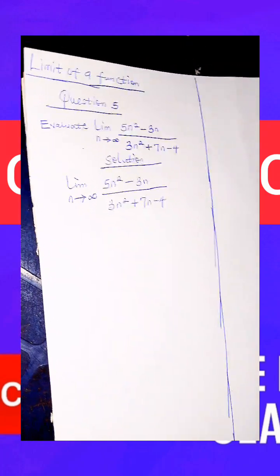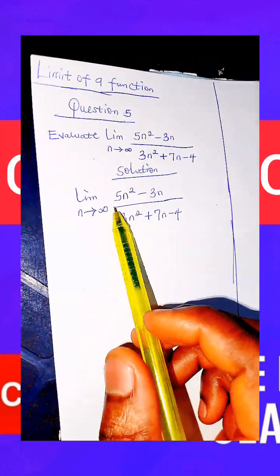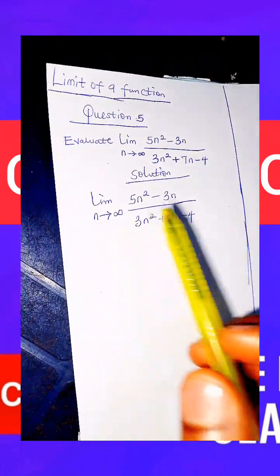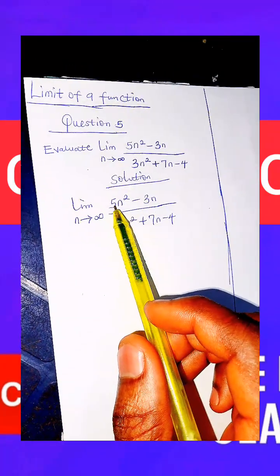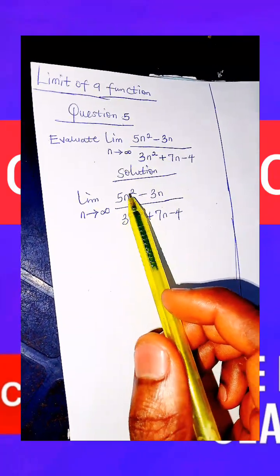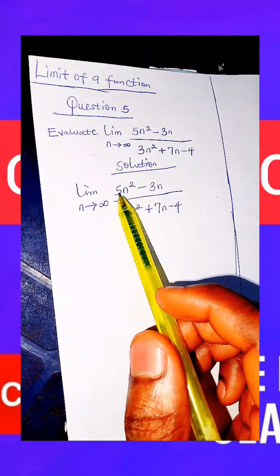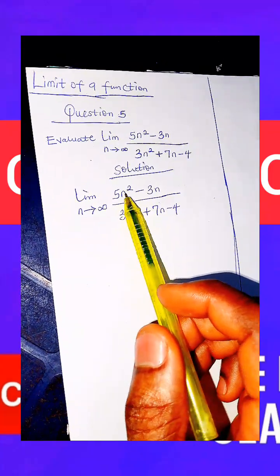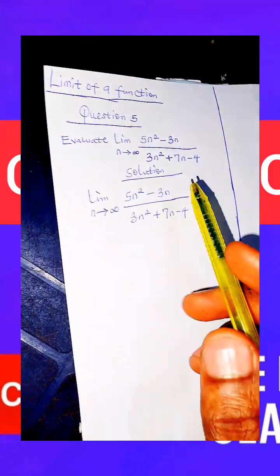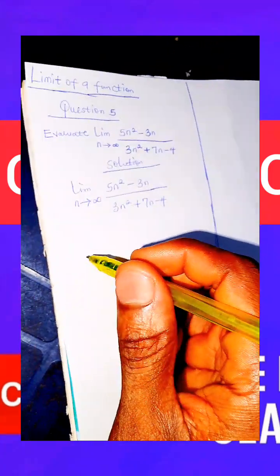So we start like this. Since n is approaching infinity, since we have a 5n squared, to solve this kind of question, we are going to divide through by the highest power of n. So we divide through by the highest power of n.